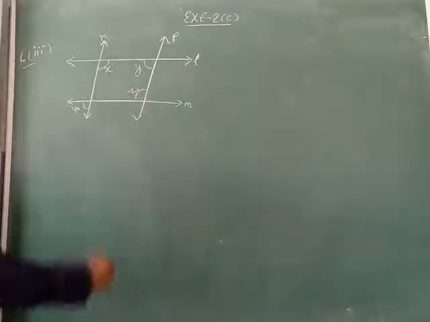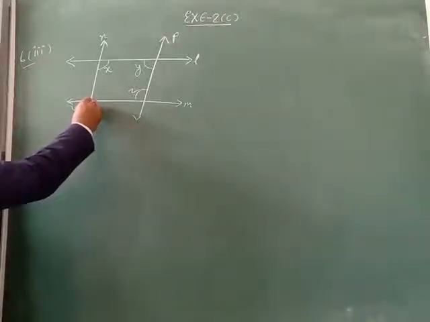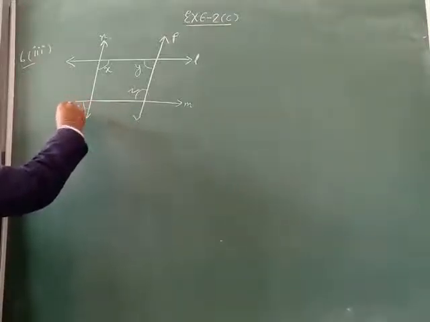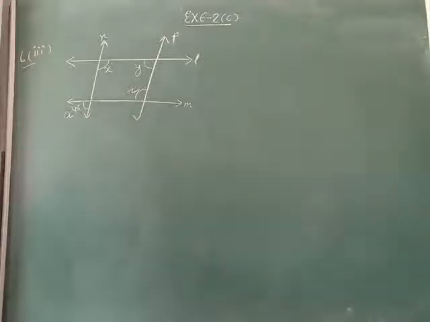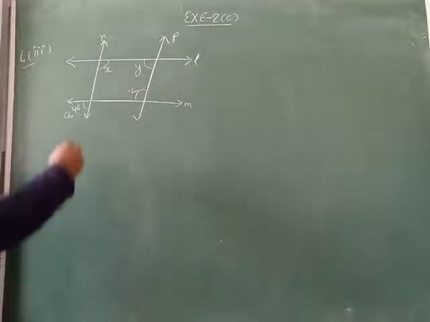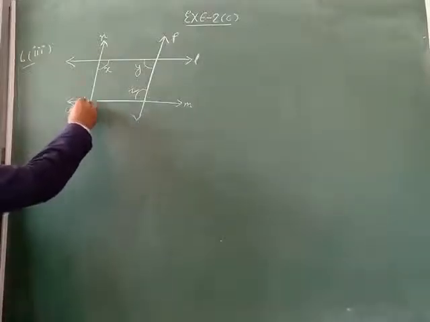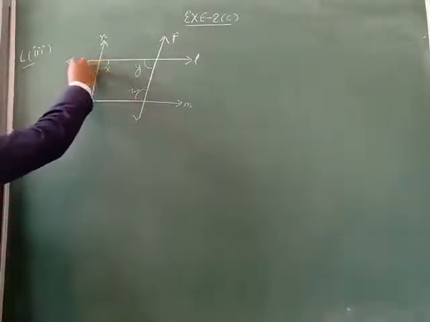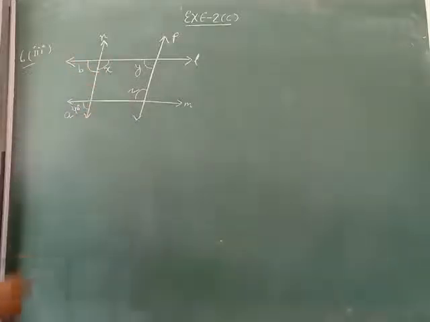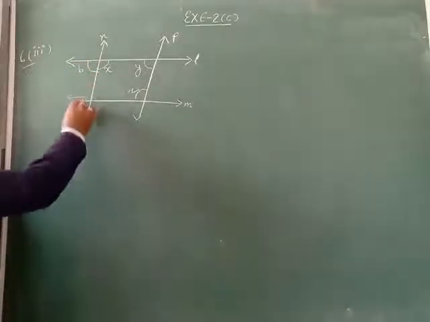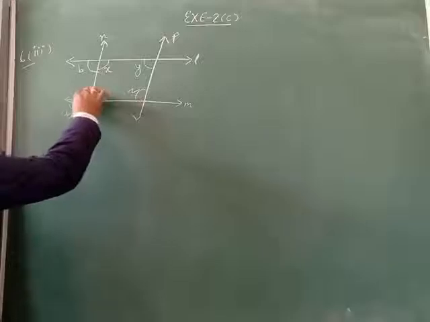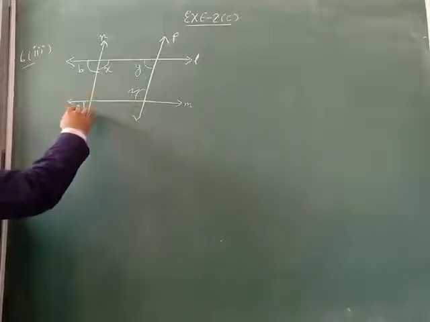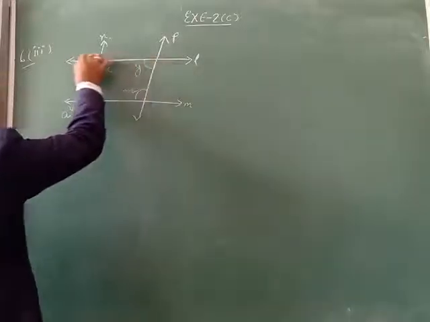So first of all, what will we do? This 40 degree, let's say this is angle A. Now what we have to do? This 40 we will bring here. Let's say this is B. How will we bring this angle here? This is a parallel line. Under this parallel line, angle A is there. Another parallel line is this.